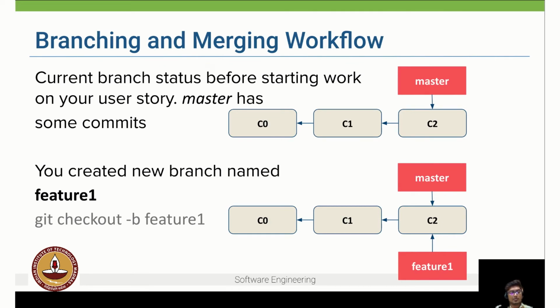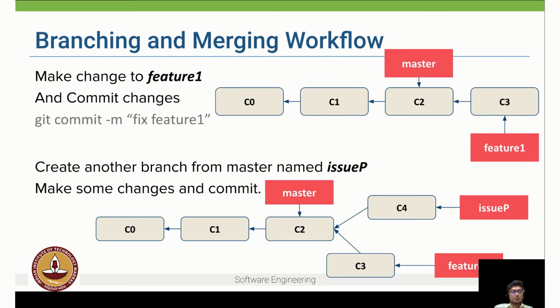You created a new branch named feature 1 from the master branch. The feature 1 branch will be based on the commit C2. Now you make changes to feature 1 and commit the changes, so a new commit will be created. Let's name that commit C3. Now your feature 1 branch is pointing to the commit C3.